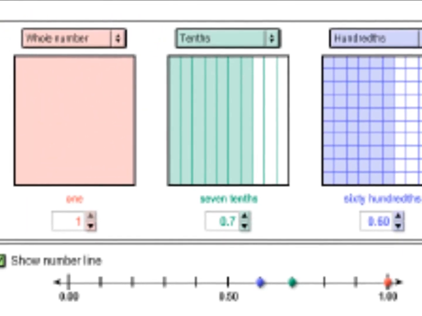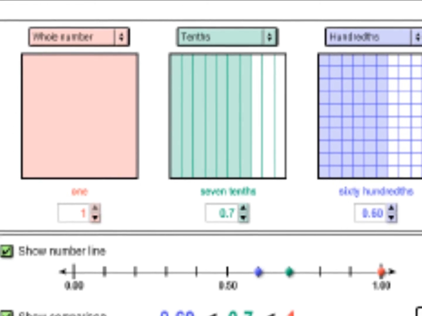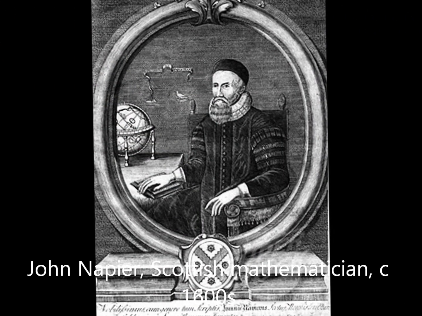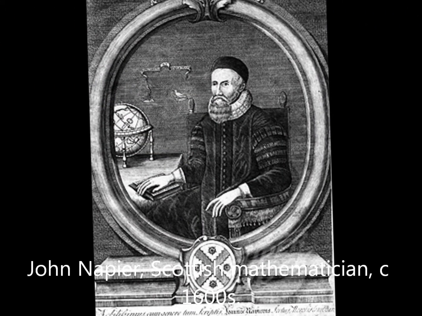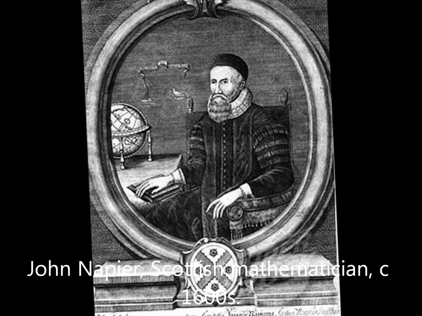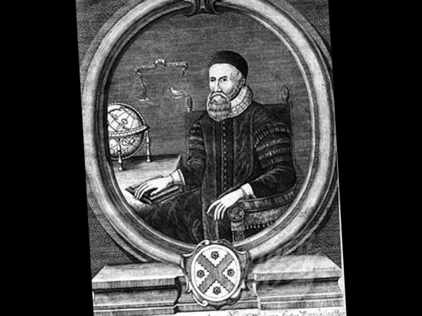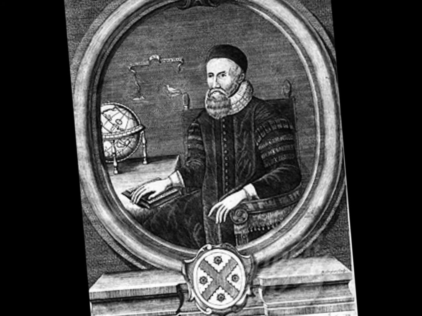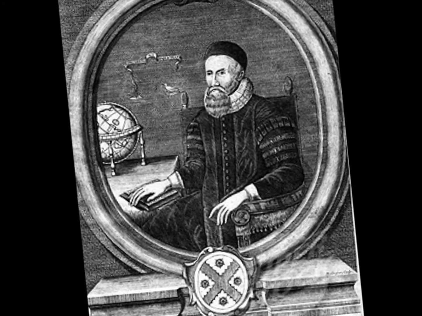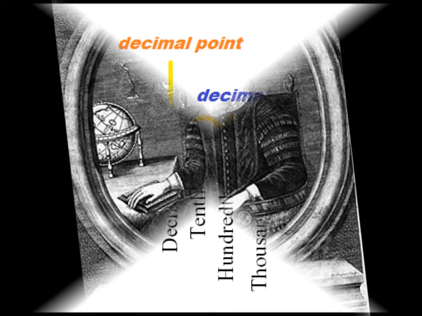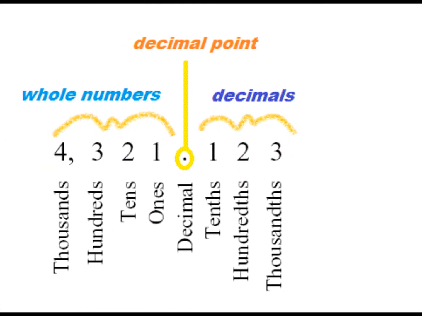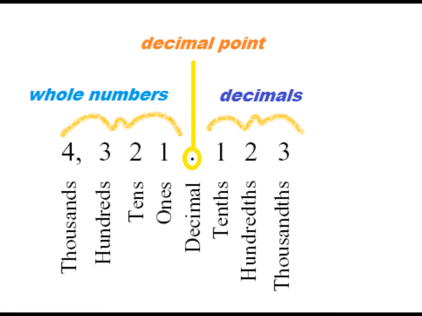The other interesting part of decimals is how decimals are used to represent fractions. Way back in 1616, a Scottish mathematician named John Napier suggested that decimal numbering could be used to show fractions, and he added the decimal point.